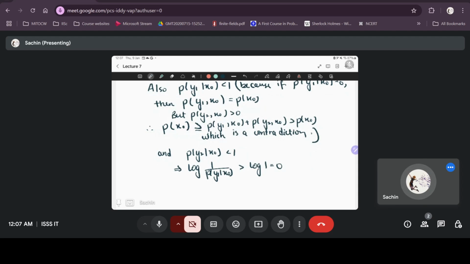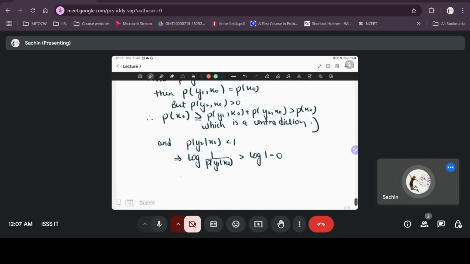So log of 1 over p of y1 given x0 is greater than 0, and log of 1 over p of y2 given x0 is greater than 0.